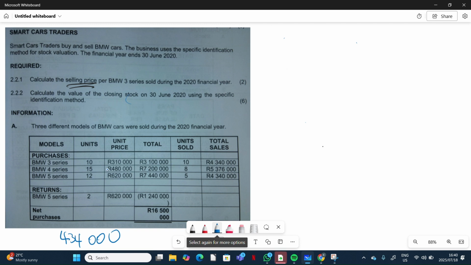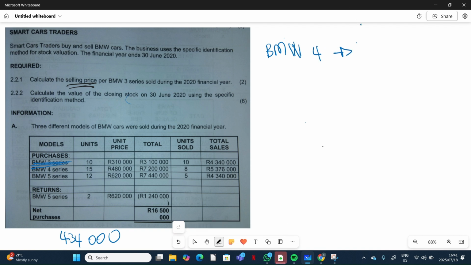So now check. If we bought 10 BMW 3 Series and we sold 10, it means that BMW 3 Series were not there at the end, so we cancel them out, right? Then BMW 4 Series, we had 15 of them, but we sold eight. So for BMW 4 Series, we have 15 minus 8, which is going to give us 7 units.